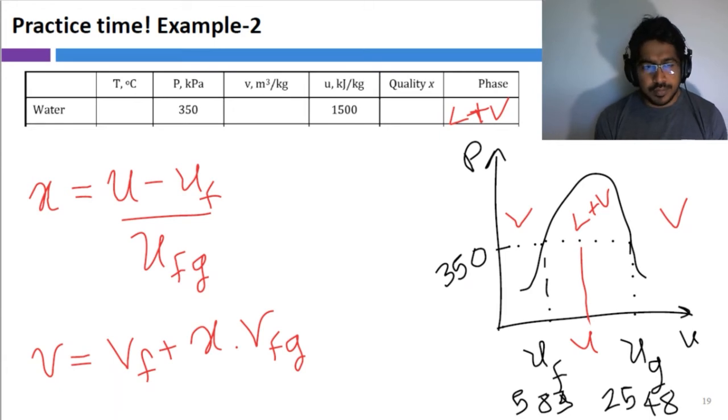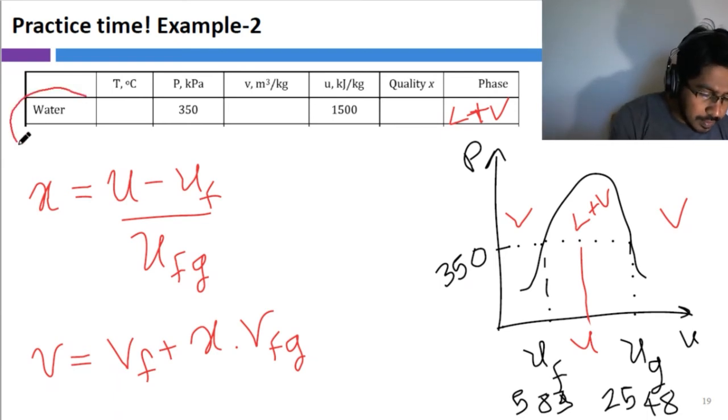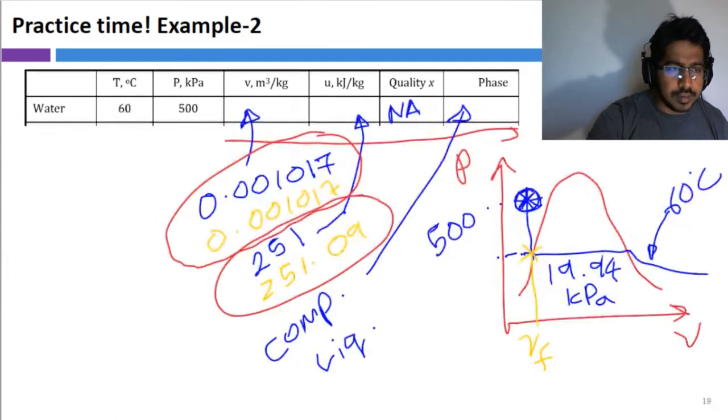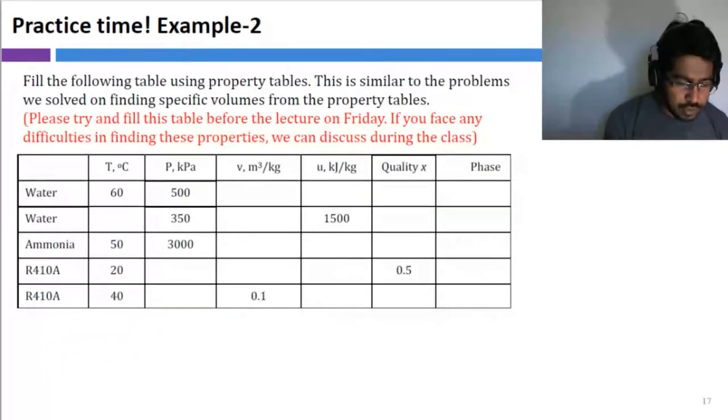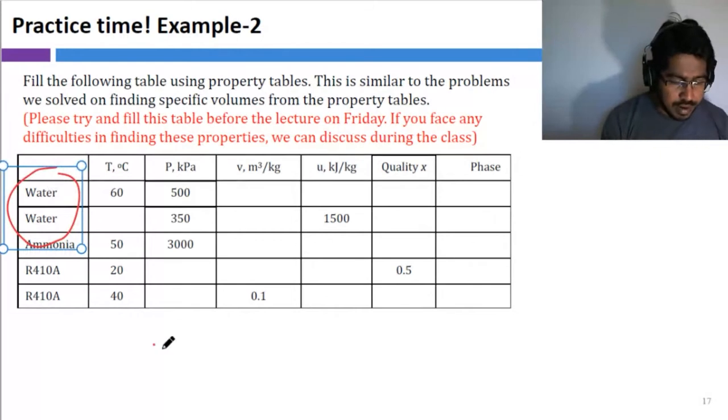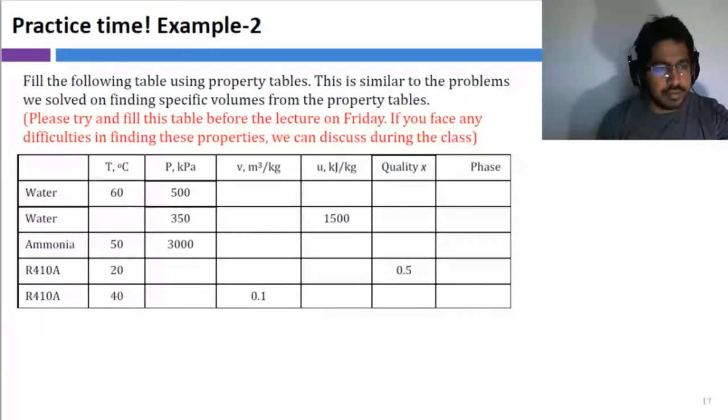Perfect. So the coming questions of this example will be similar, but look for the substance. It's not always water. If I go up, we have two water states, we have ammonia, R410A, and everything, but it doesn't really change a thing, even if it is not the same substance, right?